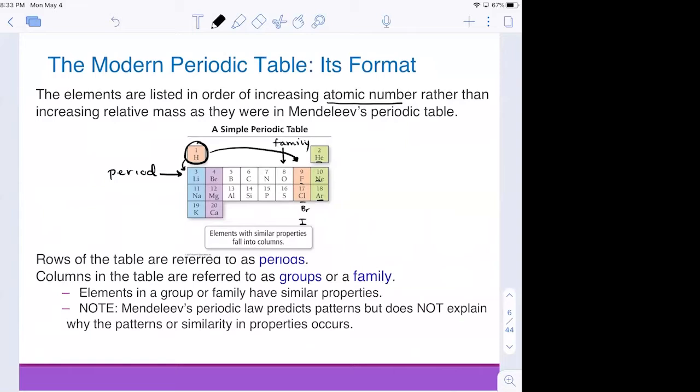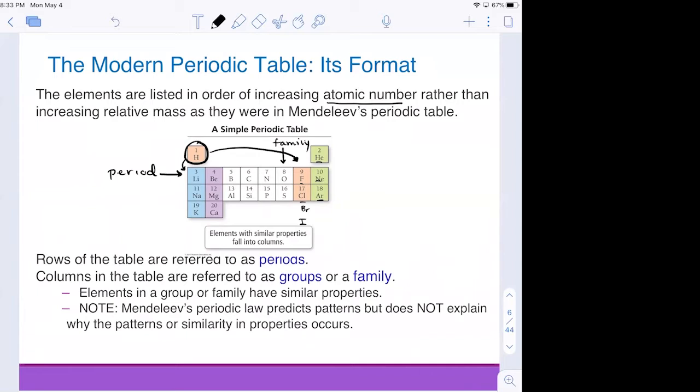When Mendeleev developed the periodic law and the periodic table, he put the elements in patterns, but he did not explain why the patterns were what they were. He was really amazing at predicting which spots needed a filler element, and how many families there were at that specific time.